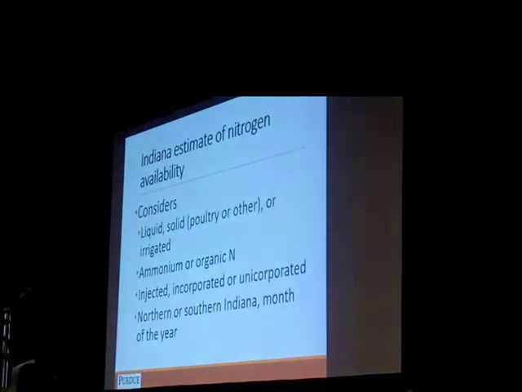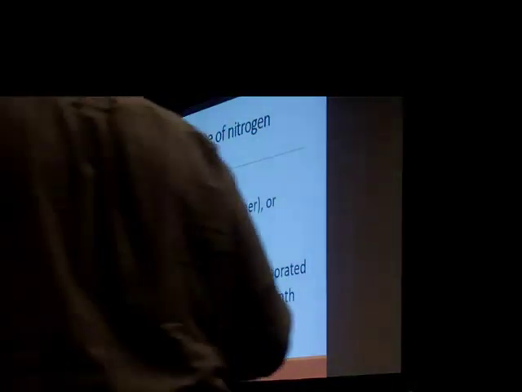It's based on ammonium and organic nitrogen measurements, so some labs may just report total N, but in order to use this availability, you need to know both forms. And then how it's placed in the soil, whether it's injected, incorporated, or left on the soil surface.